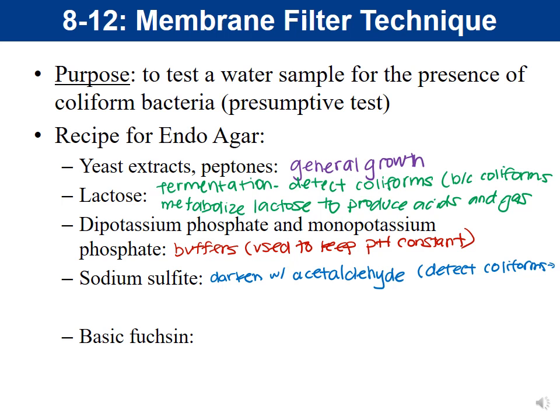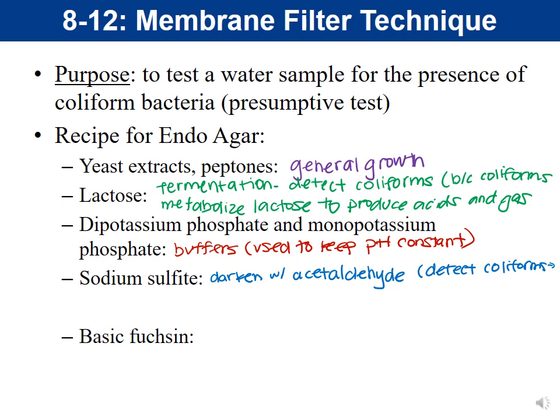Now, acetaldehyde, you might recall if you watched the metabolism video, the acetaldehyde acts as the final electron acceptor during alcoholic fermentation. And so during alcoholic fermentation, acetaldehyde is going to be our final electron acceptor.